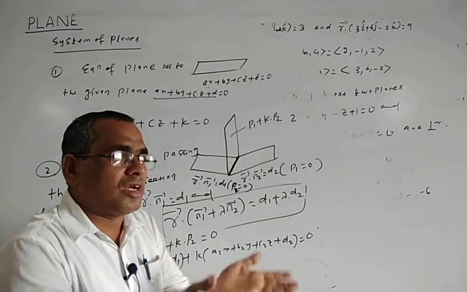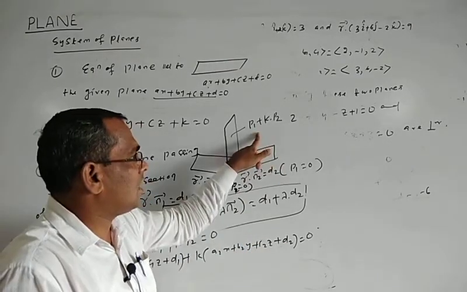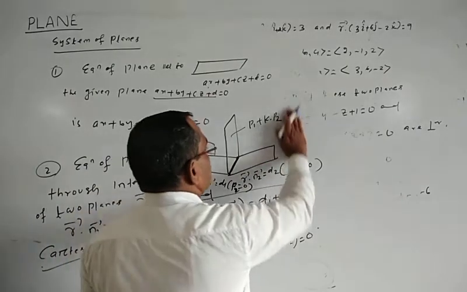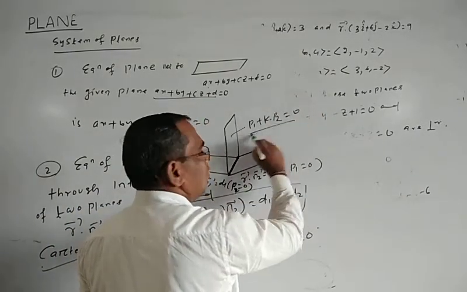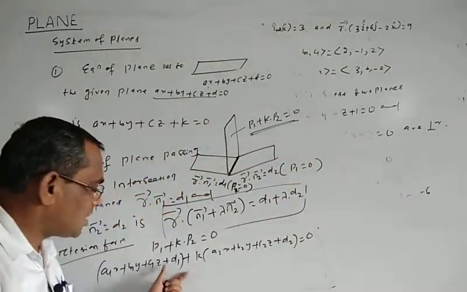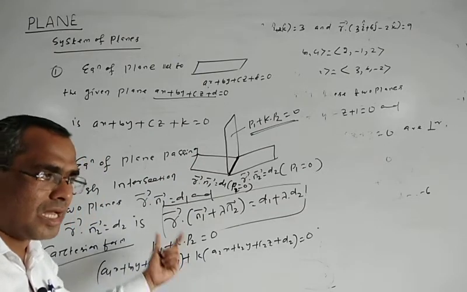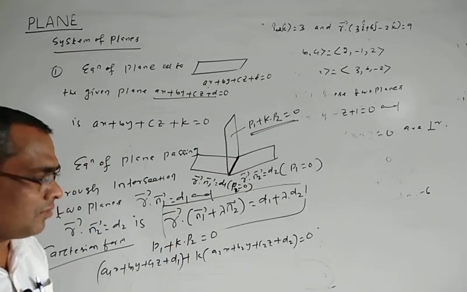Then the plane formed through their intersection is P1 plus P2 is equal to 0, because this equation is also a first degree equation containing 3 variables.